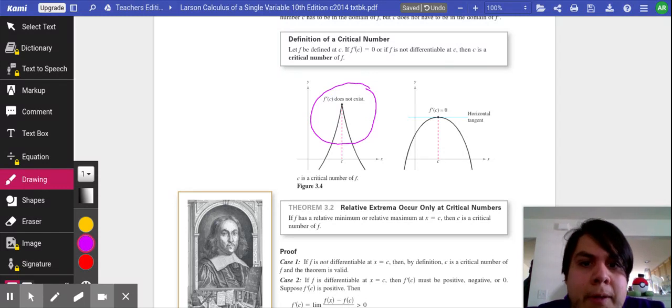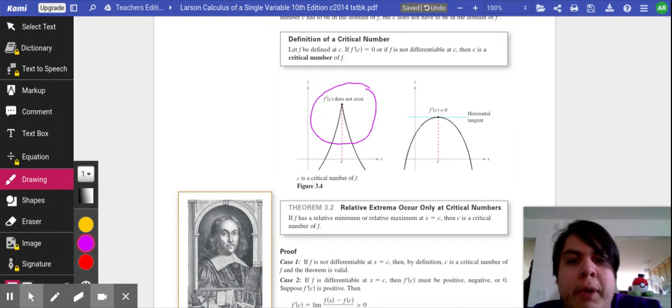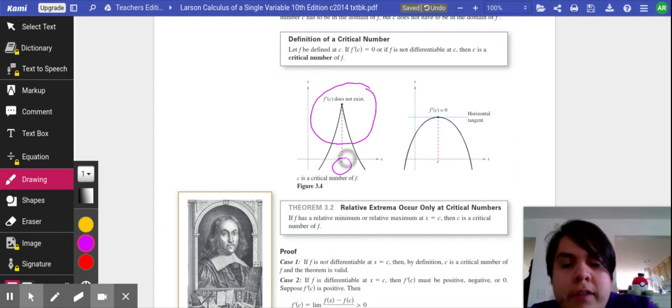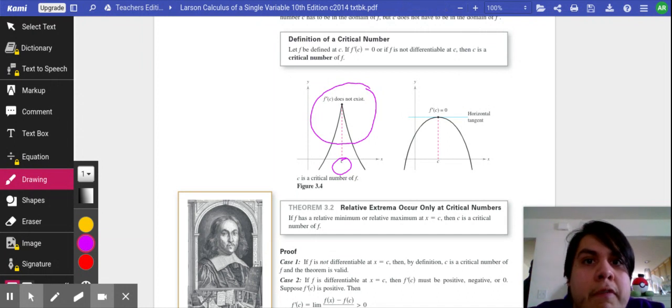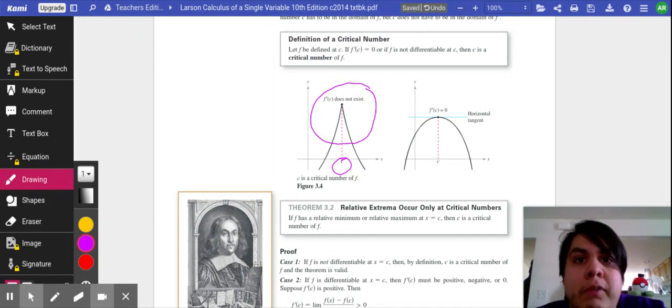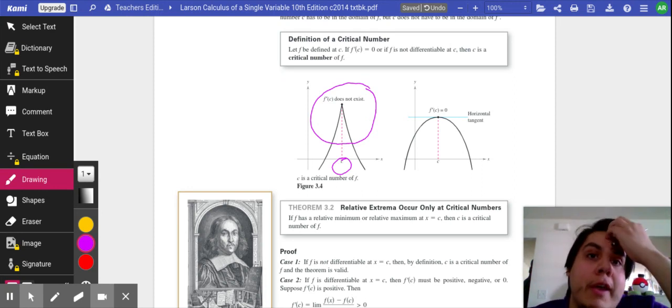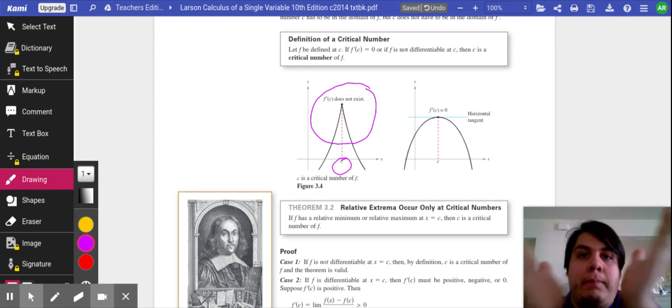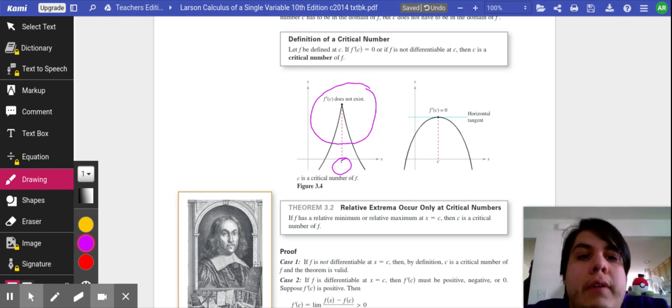That's the cusp. That's a place where I would expect to find a critical value. So whatever c was, c would be a critical value at that point. So when we had the absolute value, that's why x equals 0 was a critical value, because that's where you had that cusp turn on your graph.